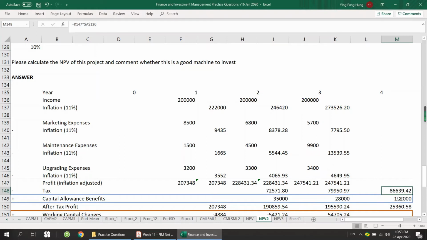So in this case, we have to pay a tax of 86.69342 thousand. However, we are getting a capital allowance which is bigger, and the total amount is 112,000. In this case, we still have a tax benefit of a total of 25.36058 thousand.